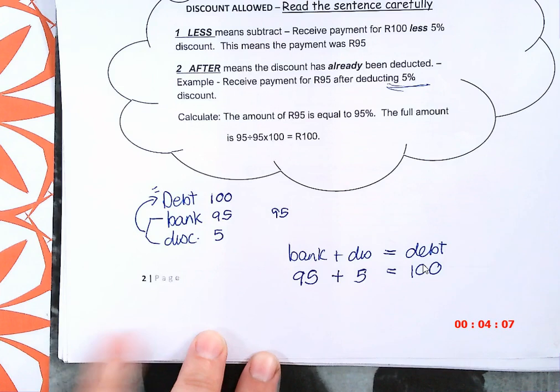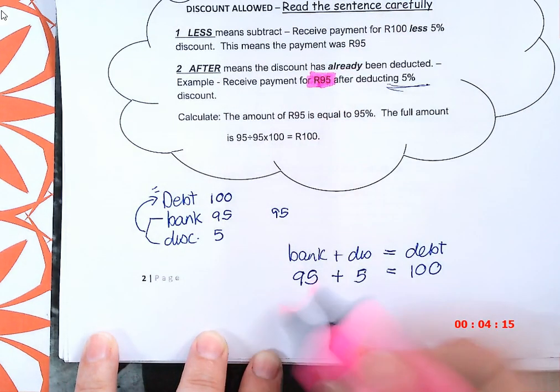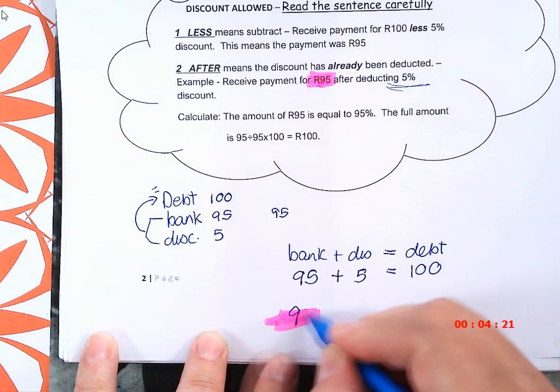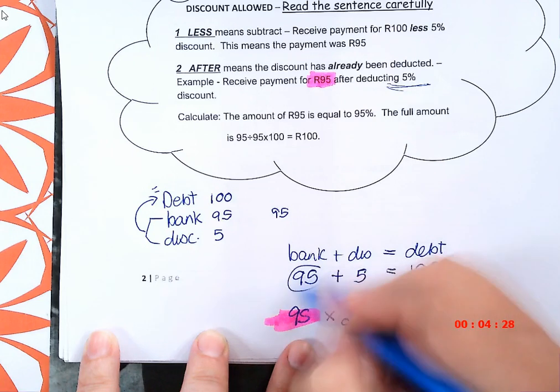What did I get? They told me he paid 95 Rand. So I'm going to take that 95, and I'm going to say, okay, that 95 is 95%, right? So it's that one.